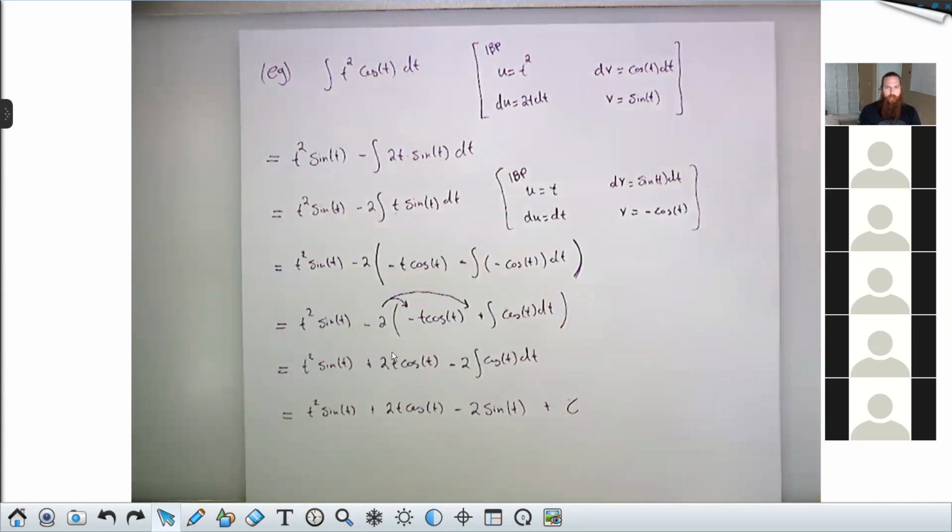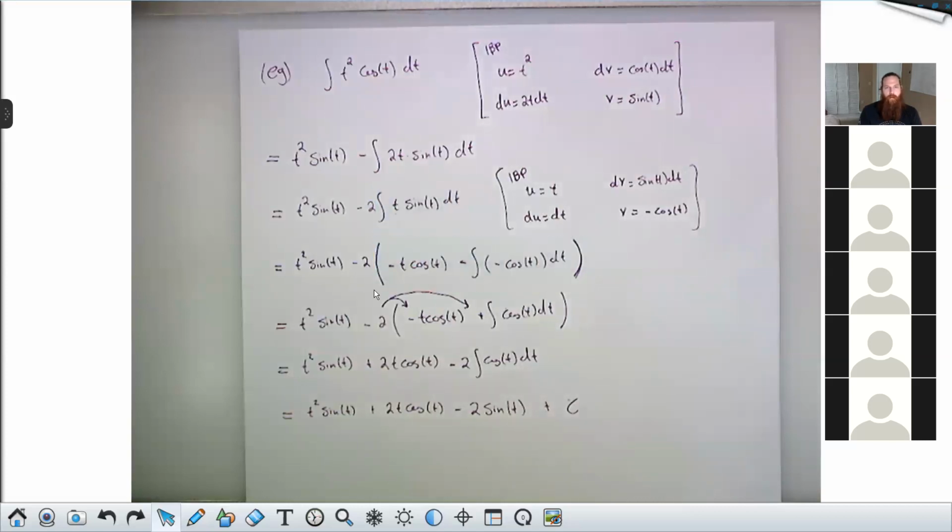So take a second, and pay extra careful attention to these 3 steps here. When we used integration by parts for the second time on this integral, I put the whole expression that comes out in parentheses. That's very important because this minus 2 was meant to multiply this whole integral, and this whole integral is this whole expression.